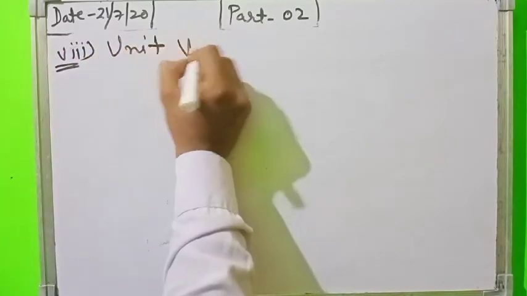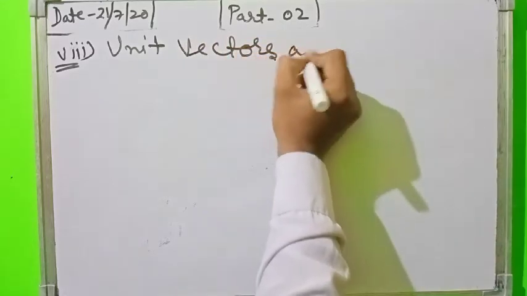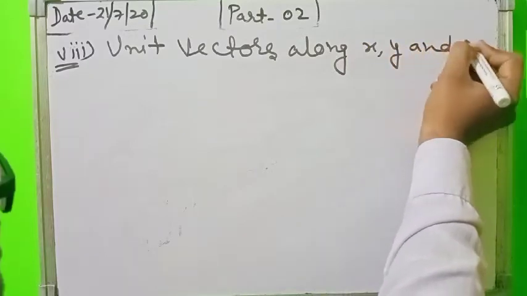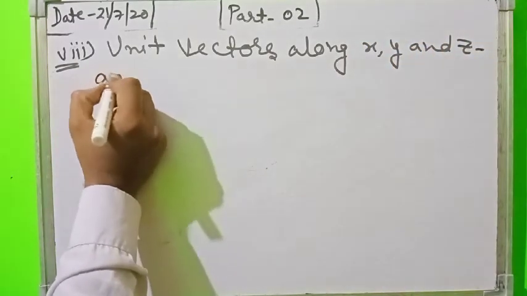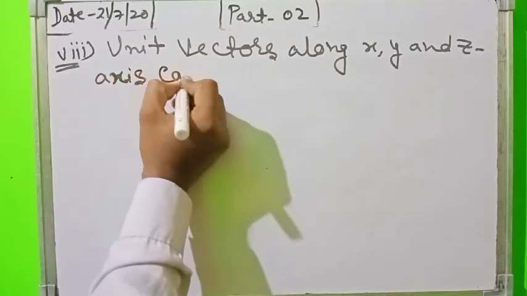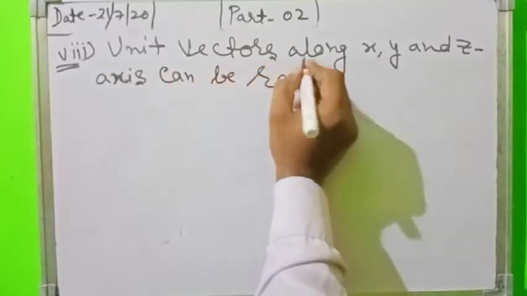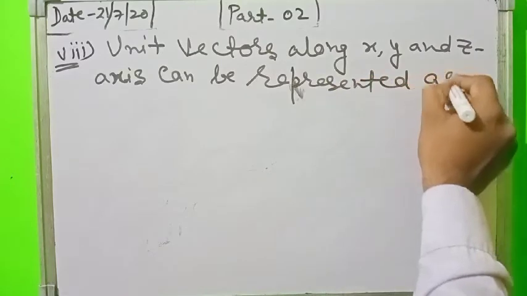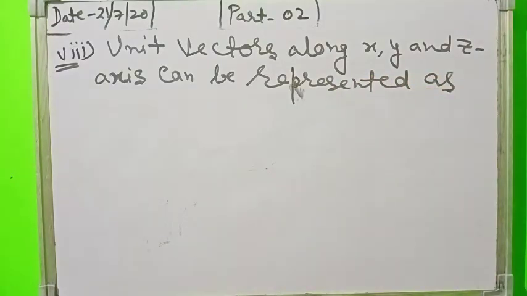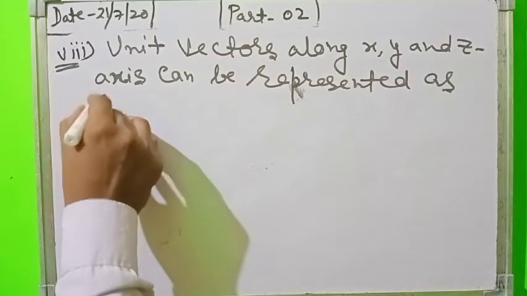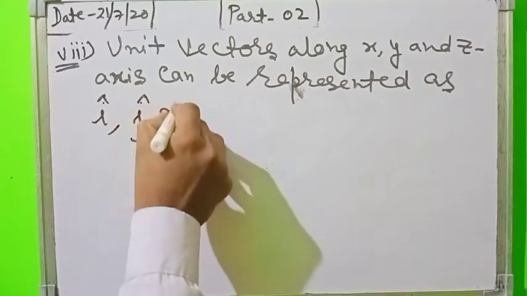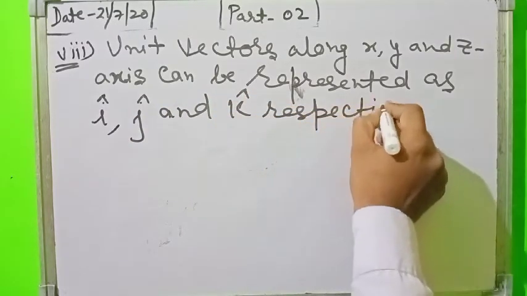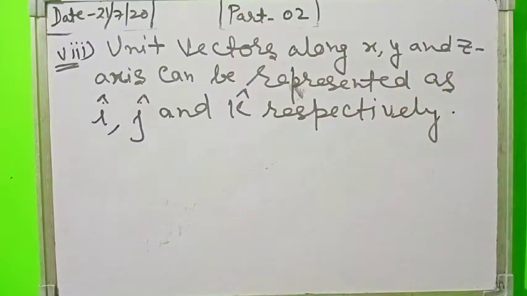The unit vectors along x, y and z axis can be represented as i cap, j cap and k cap respectively.